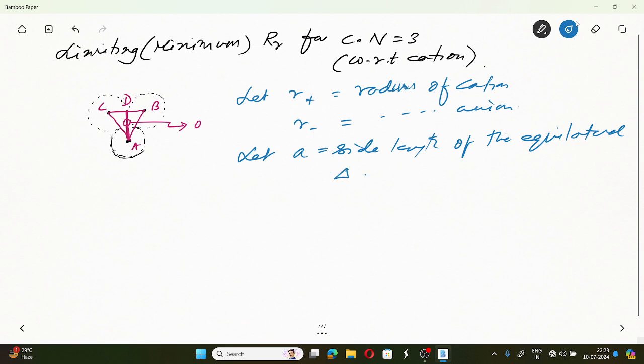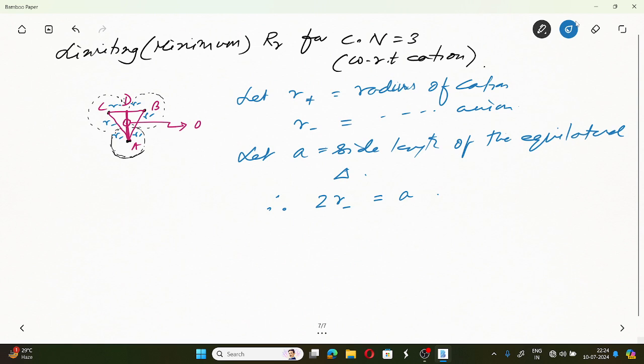Here these are each R minus, the radius of the anion. Therefore twice the radius of the anion equals a, the length of the sides of the equilateral triangle.